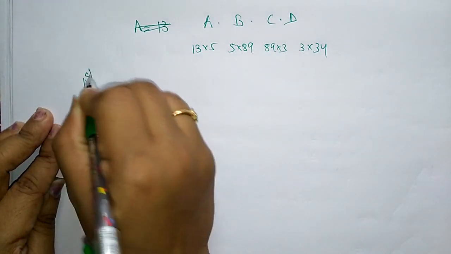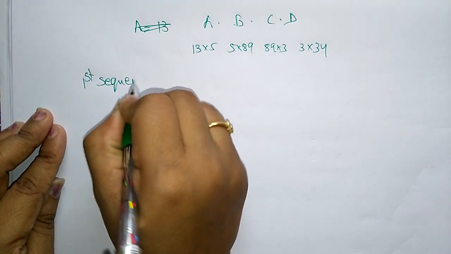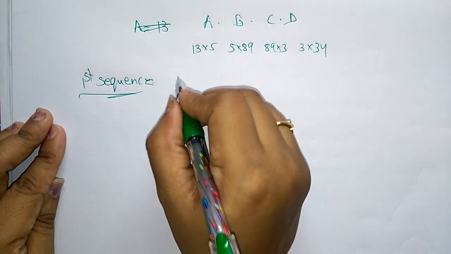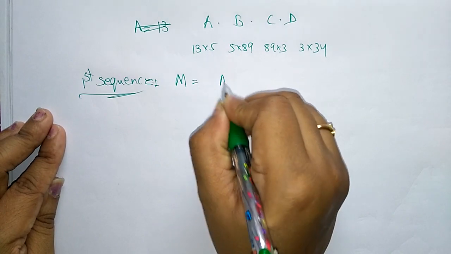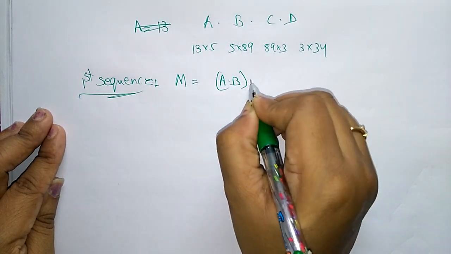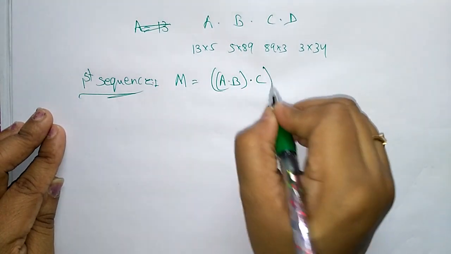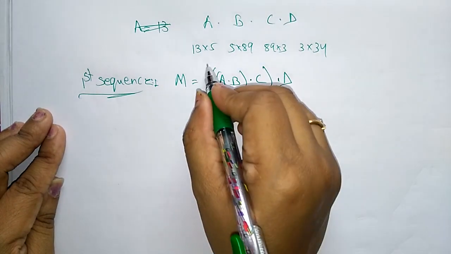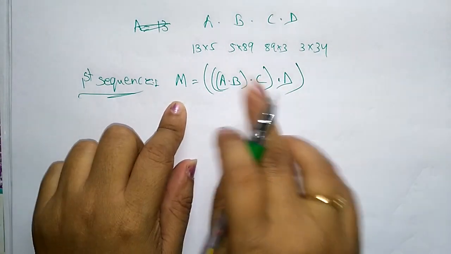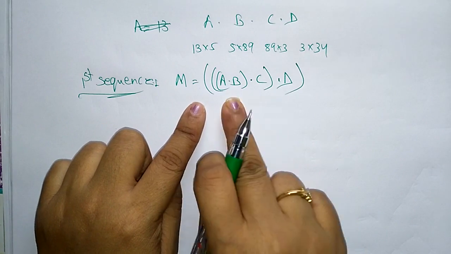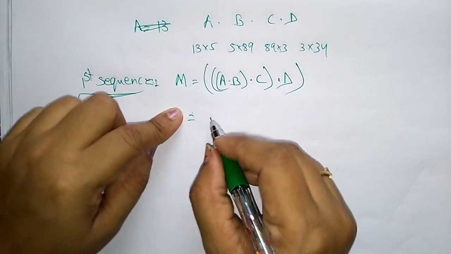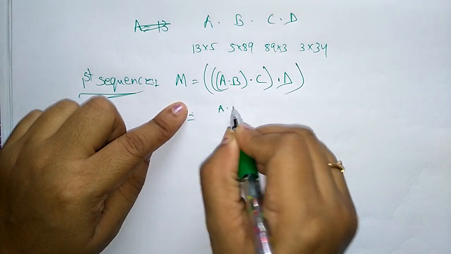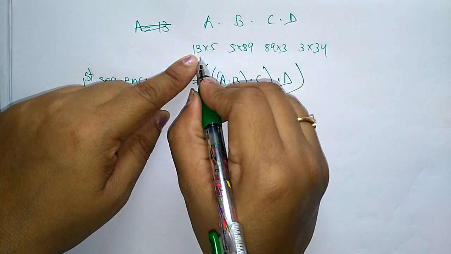For the first sequence, I'll take A dot B, and this result will be multiplied with C. Again this result will be multiplied with D. This is the first sequence. So here A dot B means 13 by 5.